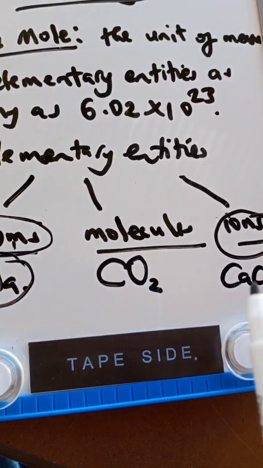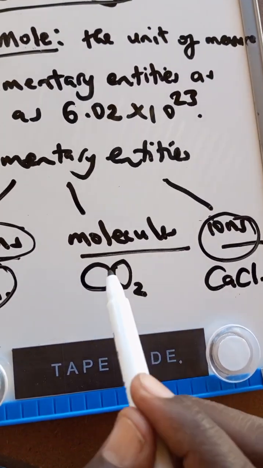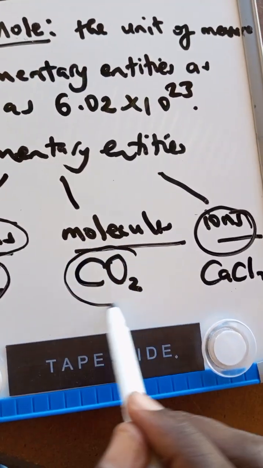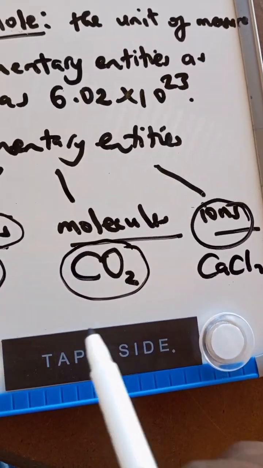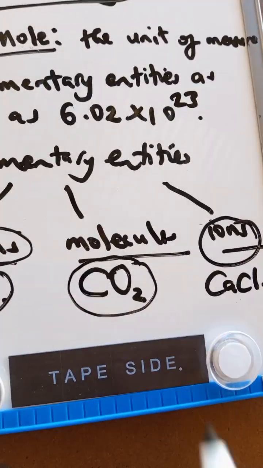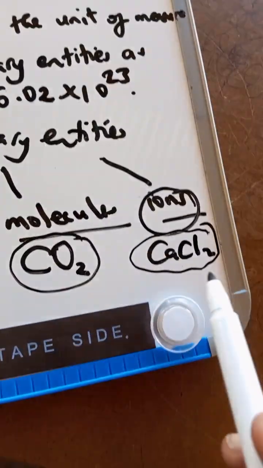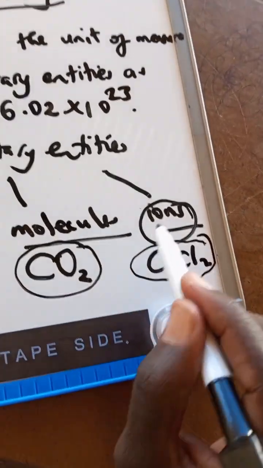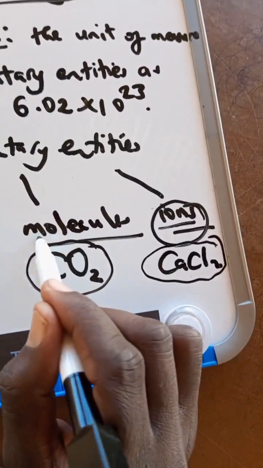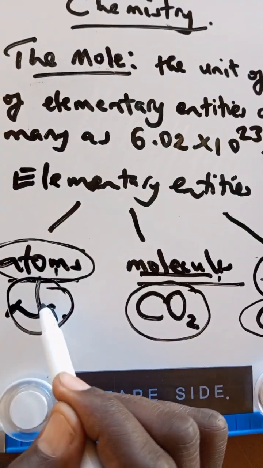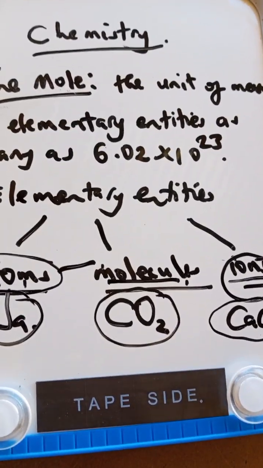Carbon dioxide, yes, we know that it has atoms, but we usually call it in this state a molecule. It's a covalent compound which is called a molecule. And then this one is an ionic compound. So ionic compound, ions. Covalent compound, molecule. Element, atoms.